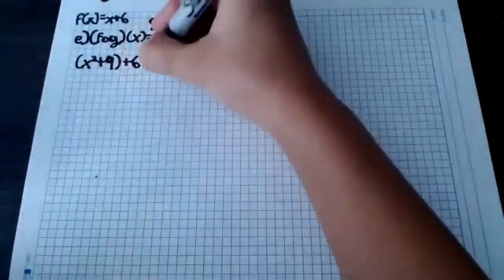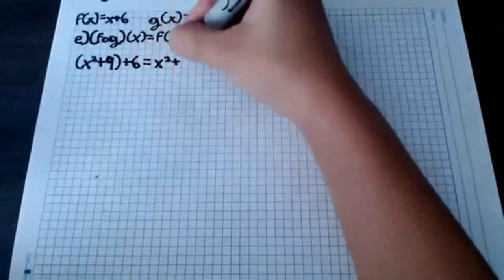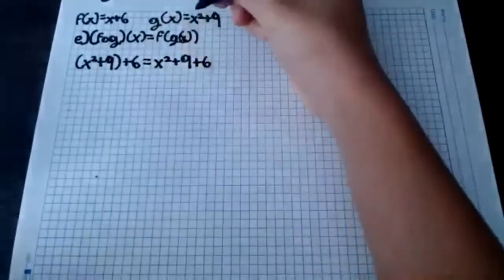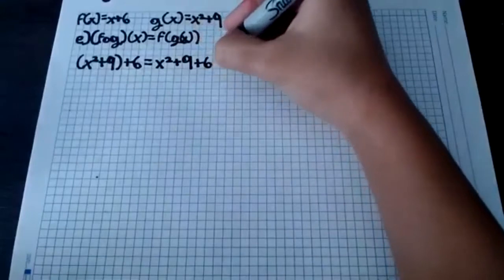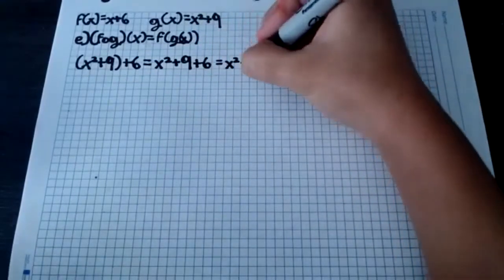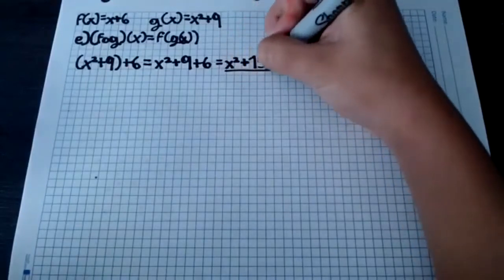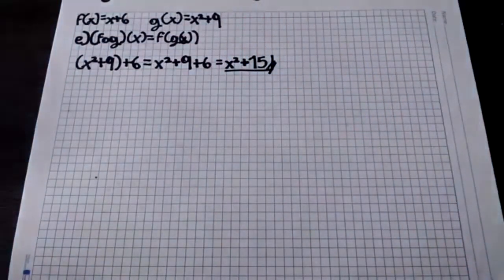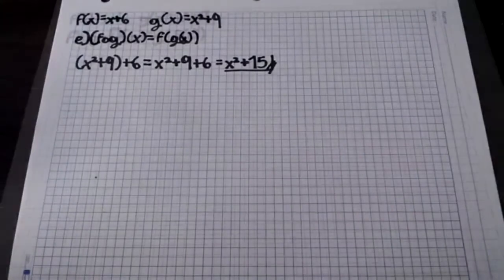So now we basically need to do the operation, and we just need to add the 9 and the 6, which will give us 15. So this is the final answer. It's pretty simple.